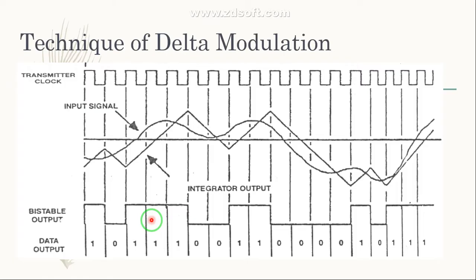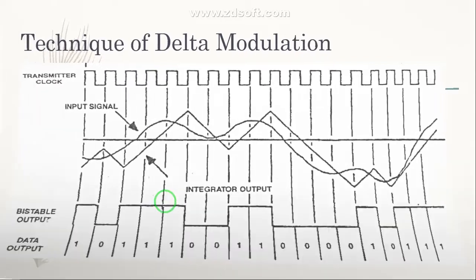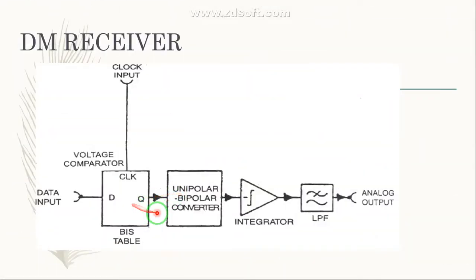Now at the demodulator, what is going to happen? As we have already seen, the demodulator consists of your D flip-flop, your unipolar to bipolar converter, which is followed by the integrator and low pass filter. Then this delta demodulator is going to receive the data from the D flip-flop of your delta modulator. Then it latches this data at every rising edge of the receiver clock.